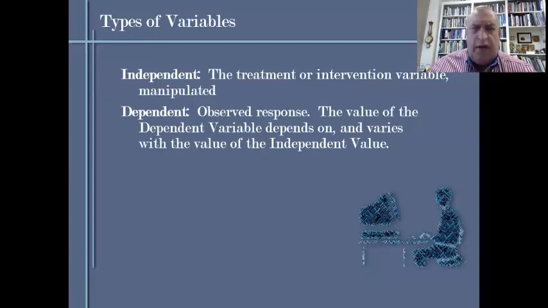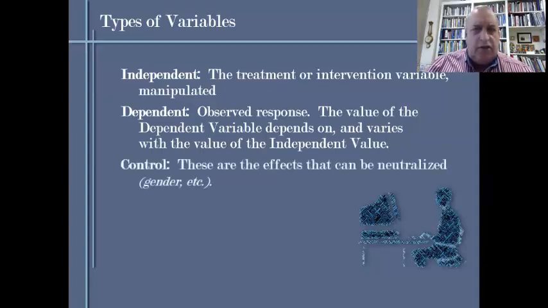Now, there are some other variables we need to be aware of, especially as we begin to discuss ANCOVA. This is the control variable. These are effects that can be neutralized. This has to do with your gender, socioeconomic status, ethnicity. Those are variables that can be controlled and that impact everyone.